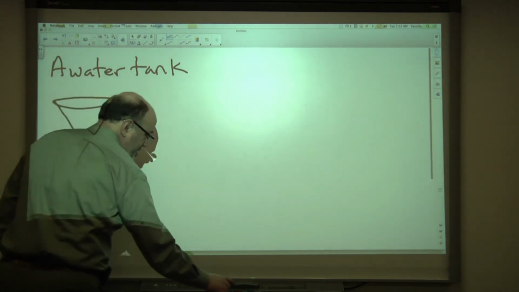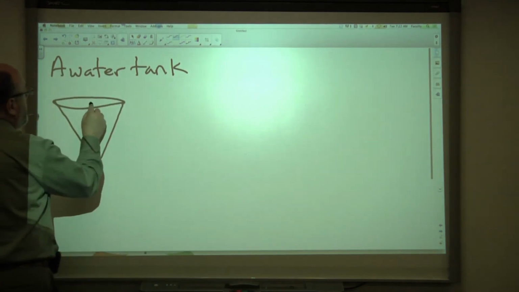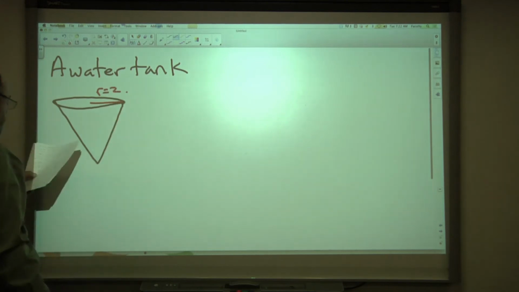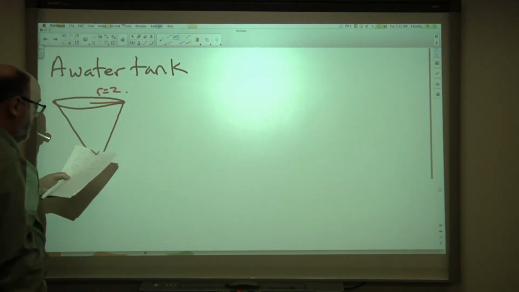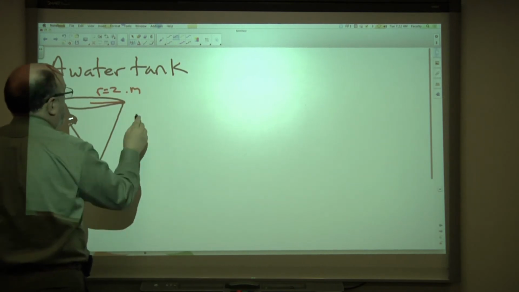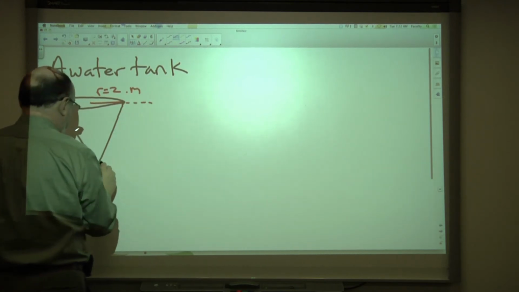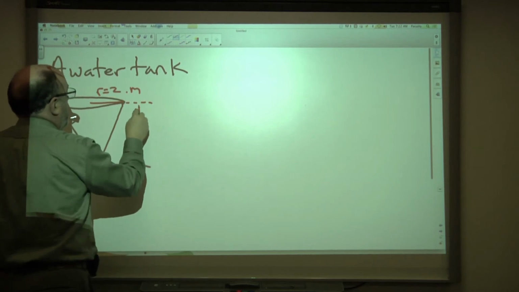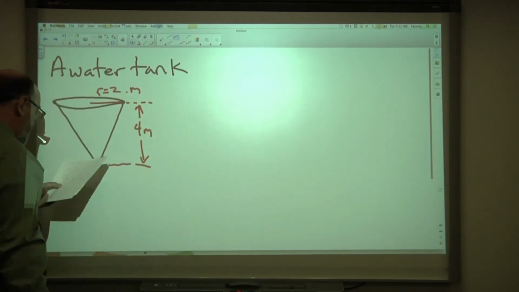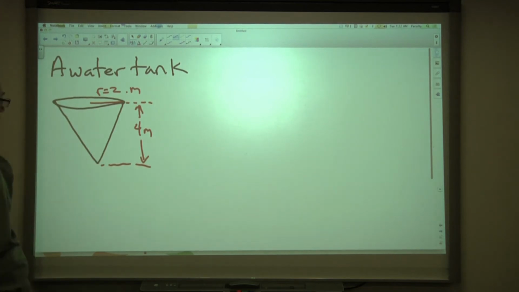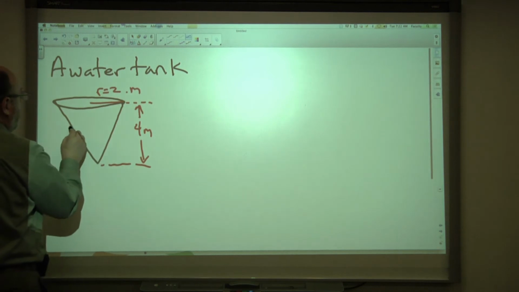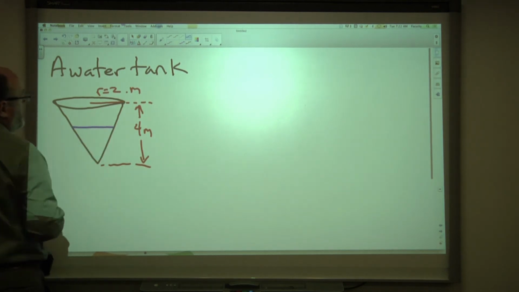The radius of which is 2, r equals 2, and that is 2 meters. The height of my tank is 4 meters. And it's being filled up with water. So we got water going into the tank.